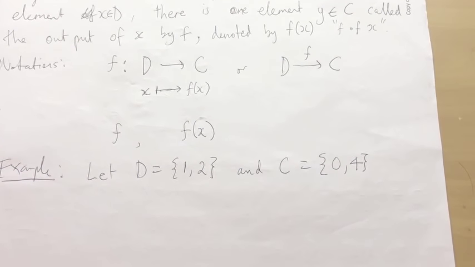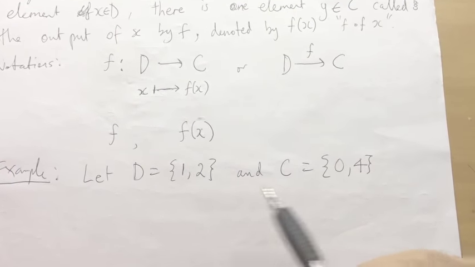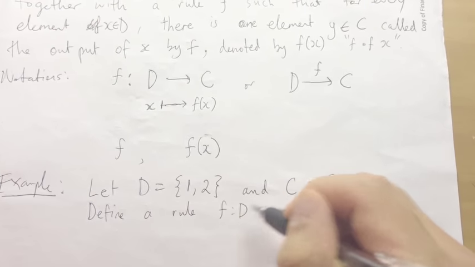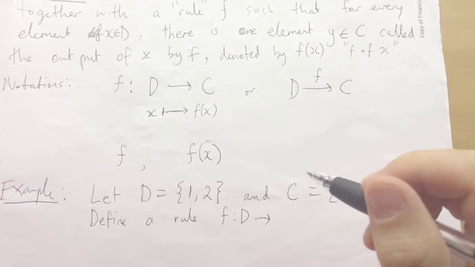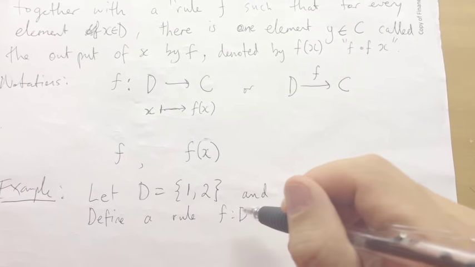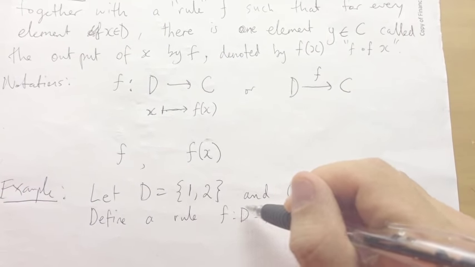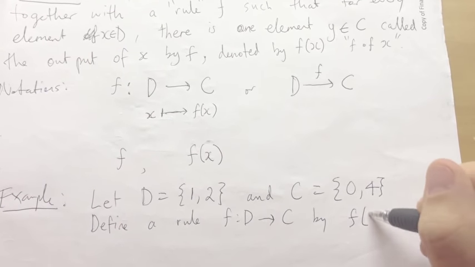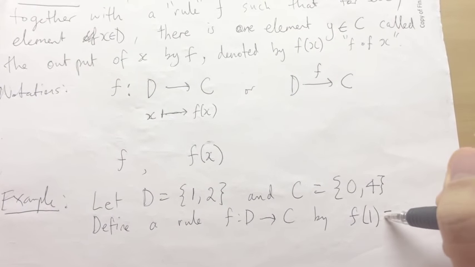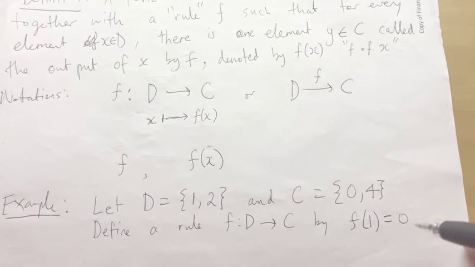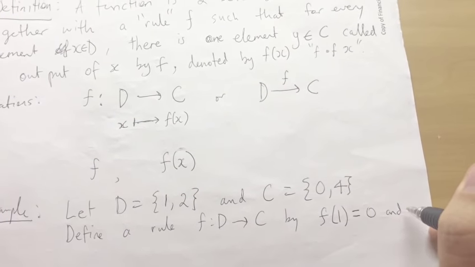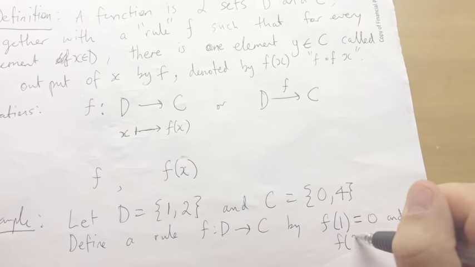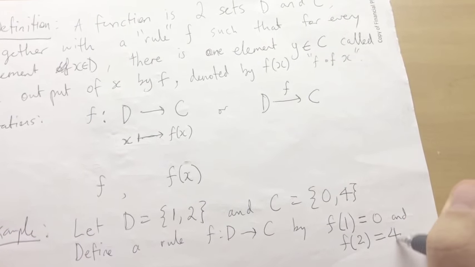And then we define a function. So we define a rule. So f of 1 equals 0, and f of 2 equals 4.